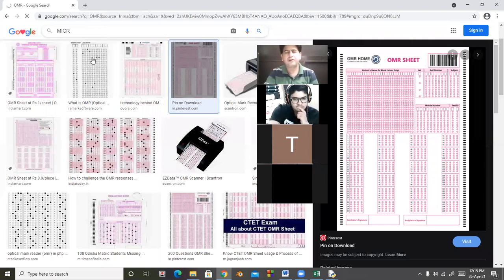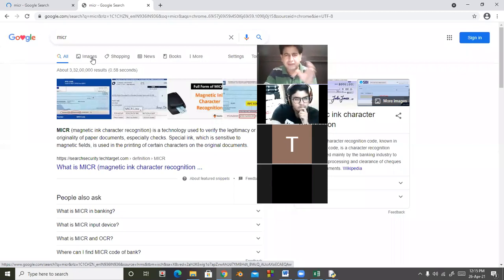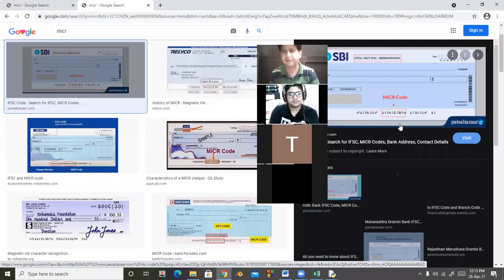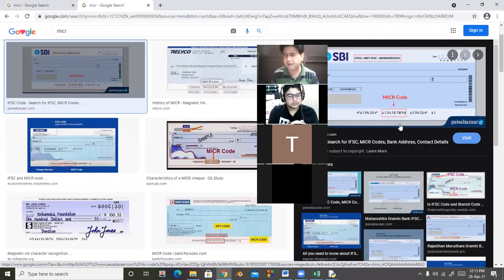In every cheque at the bottom there is a cheque number. This cheque number is printed with a special format and with special ink. When we give the cheque to the bank, they scan this number with the help of a special machine that is called a MICR machine.